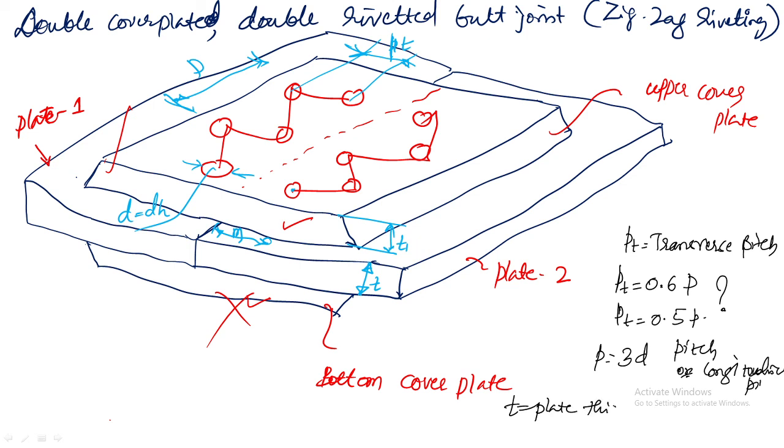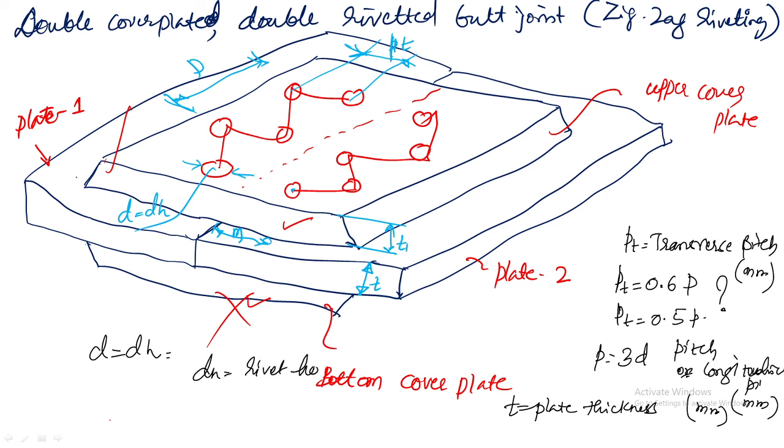Next, so t is what? Plate thickness. This is in mm. All dimensions are in mm here. So as I said, you are going to get d and dh. Now dh is what?